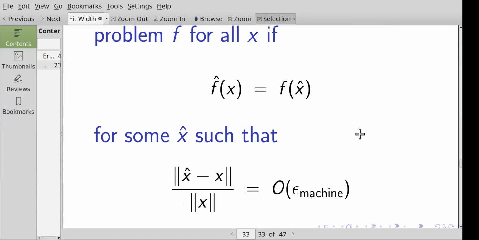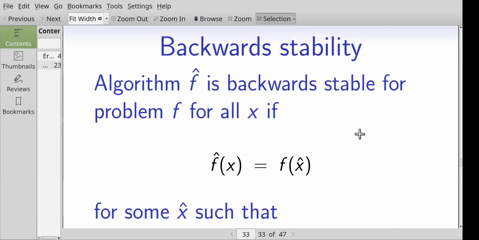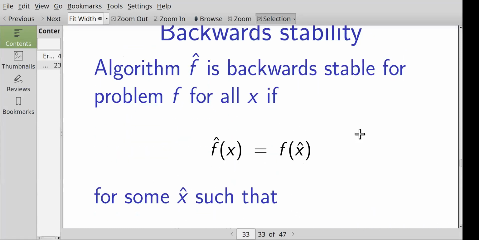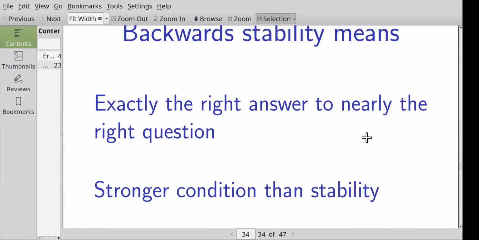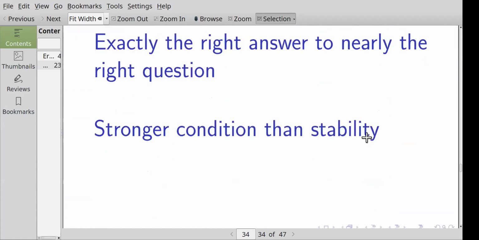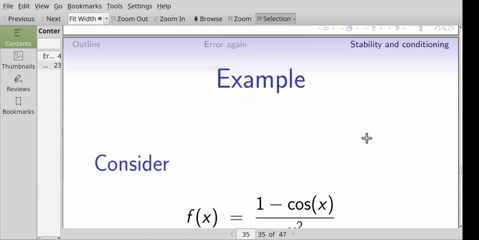So if x hat is very close to x, then we will say that this algorithm is backward stable. And that's a stronger condition than we've had for stability.